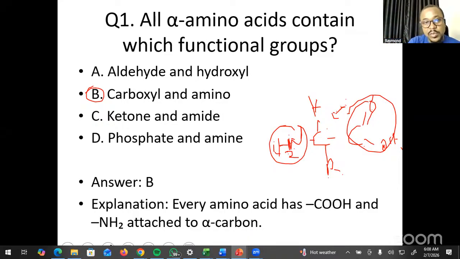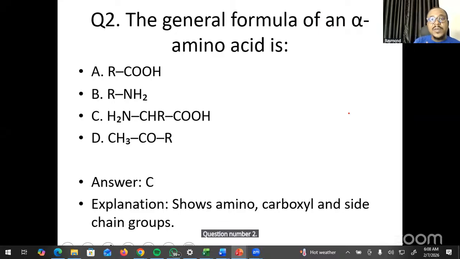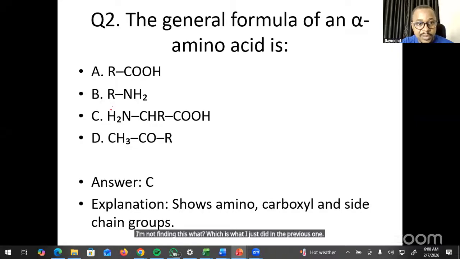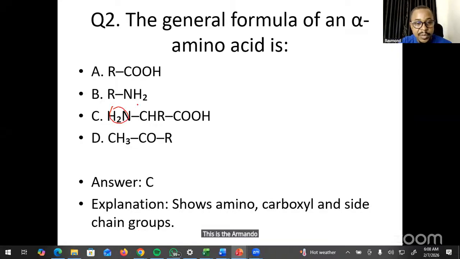Question number 2. The general formula for an alpha amino acid is what? Which is what I just did in the previous one. This is the amino group. This is the carboxyl group. And this is the CH.